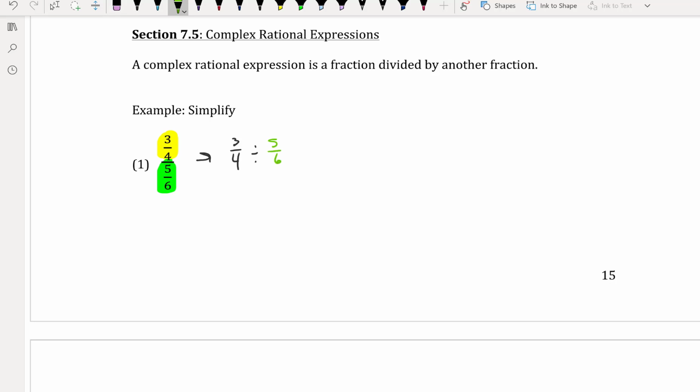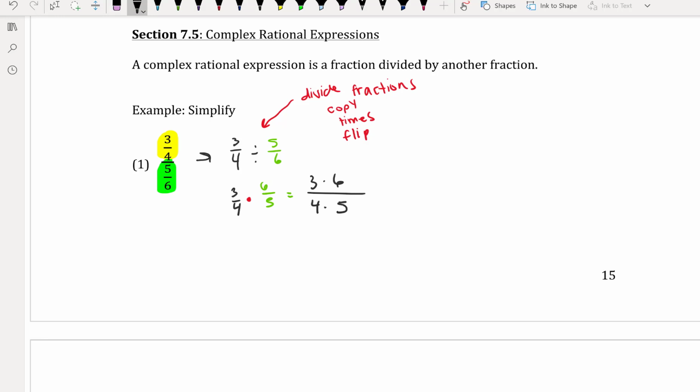Whenever you divide fractions, you're really going to turn it into copy times flip, where you copy the first fraction, you change it to multiplication, and then you flip that second fraction, which is the reciprocal. So now you have a fraction that's being multiplied: 3 times 6 and 4 times 5.